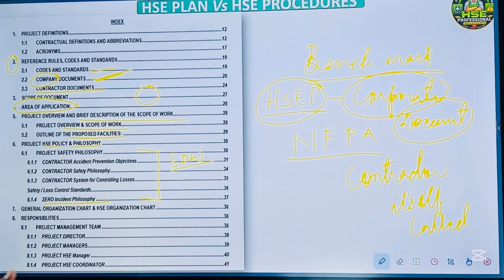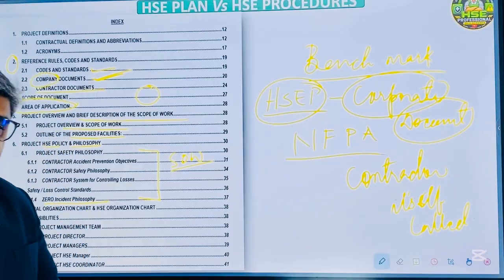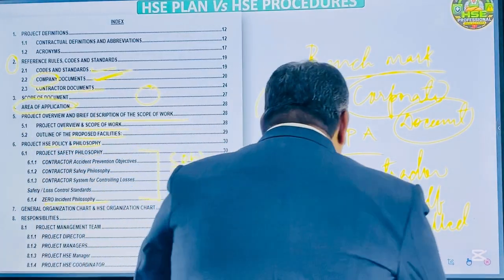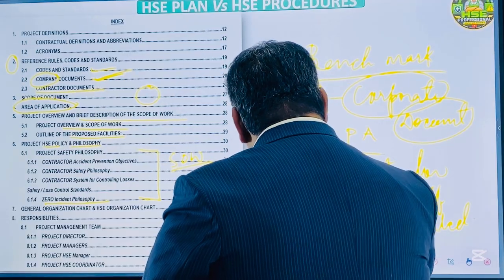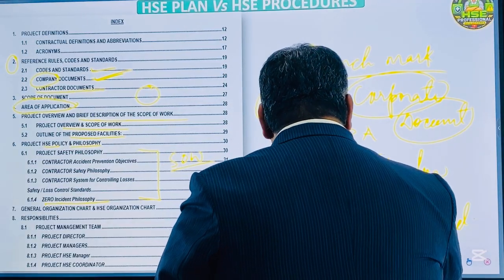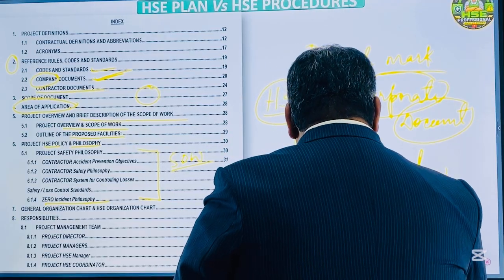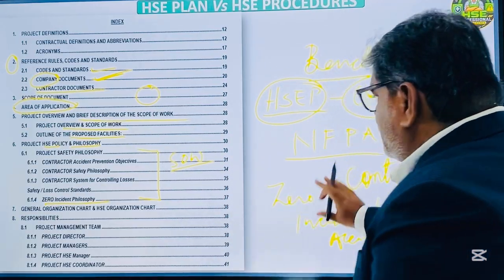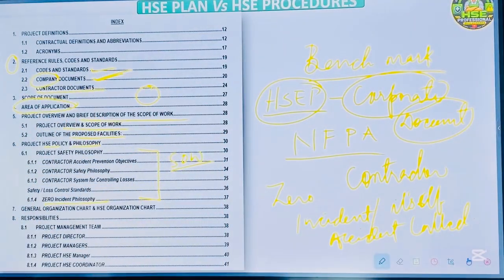This document needs to be signed by higher management, that we are obliged to go for zero incident and accident. This policy needs to be signed by management. Okay, we can go on.